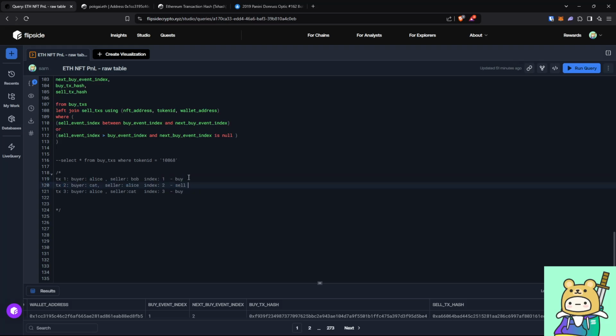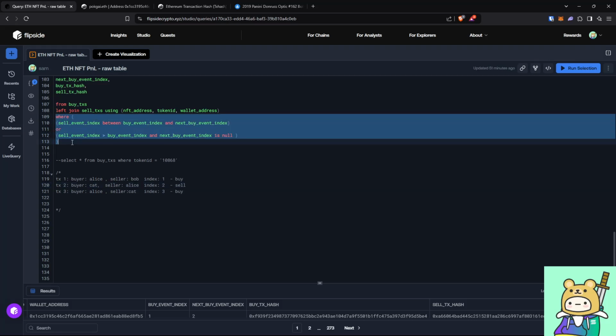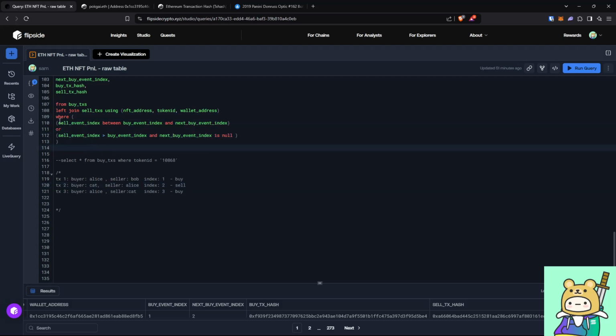How do we do that? We do that with this where filter here. So the first where filter says where sell event index, which is this event index, between buy and the next buy. So what is buy? Buy is 1. And the next buy is 3.